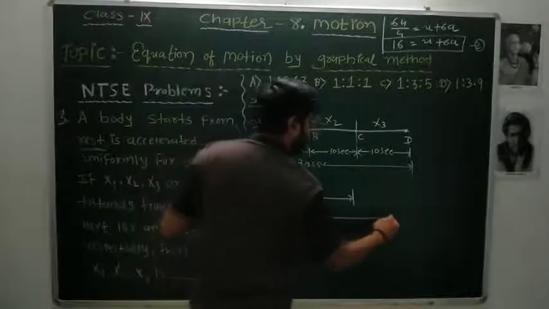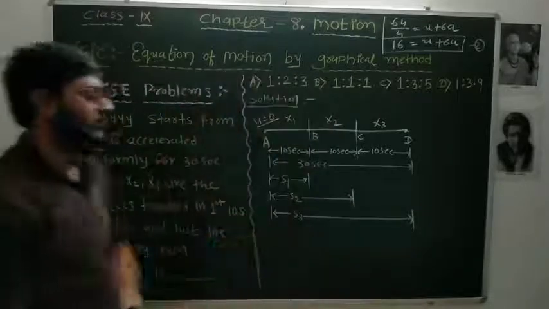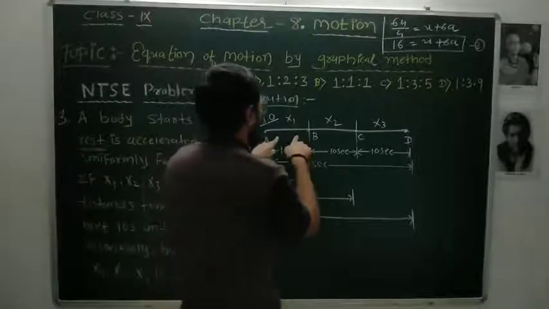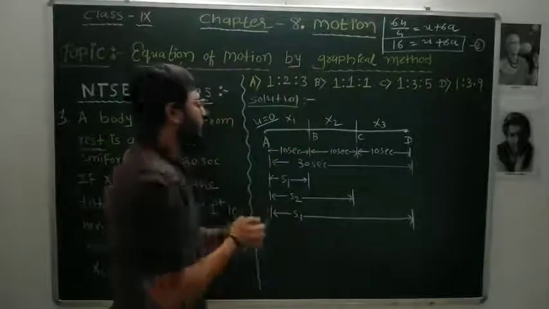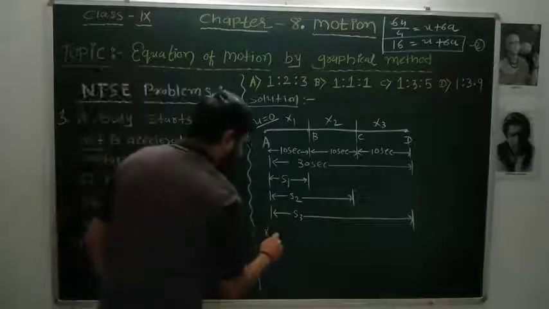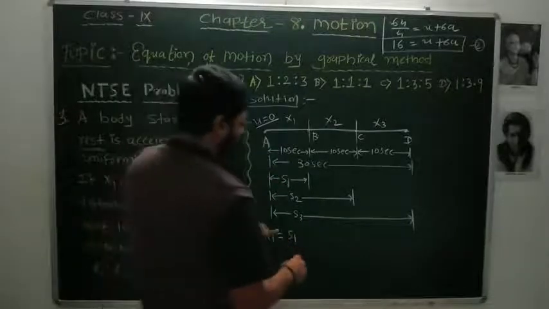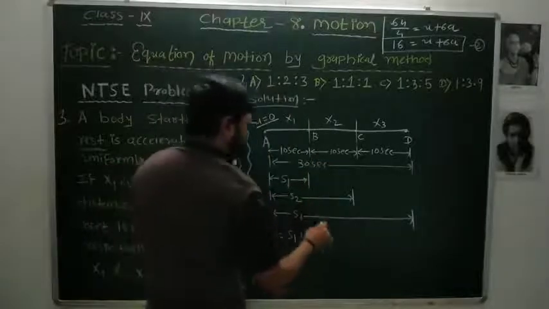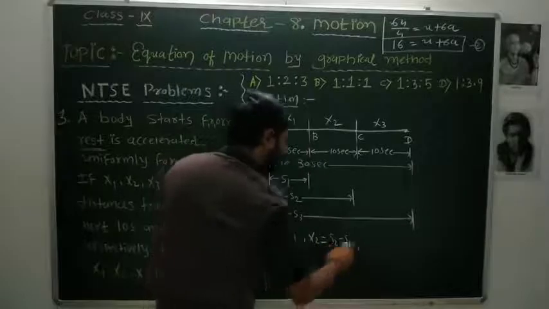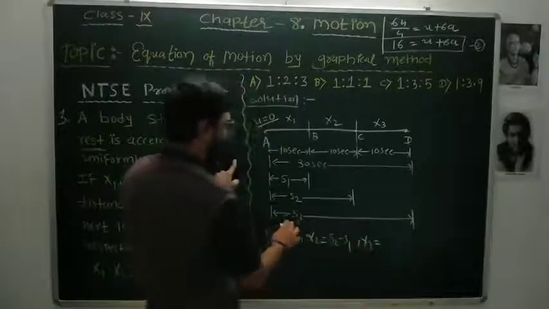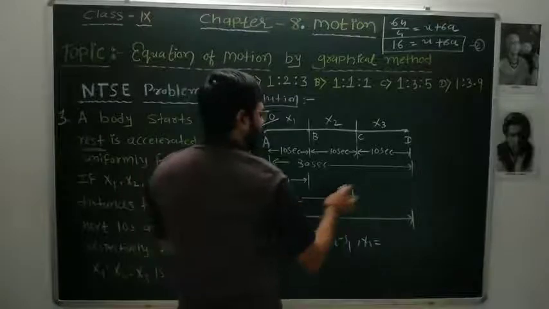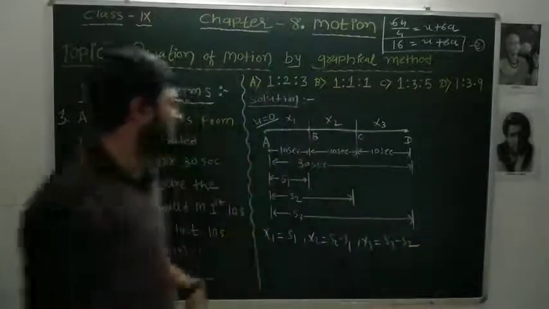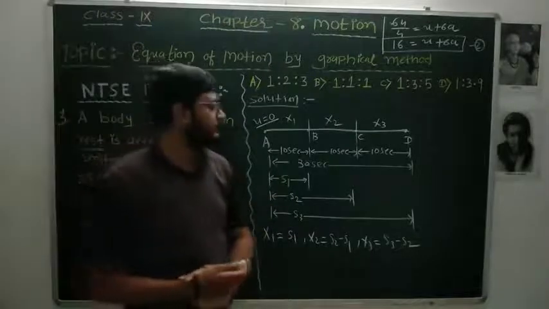So first of all we find all the displacements at the different intervals. Then x1 is nothing but S1, x2 is S2 minus S1, and x3 is S3 minus S2. So we find all the displacements one by one.